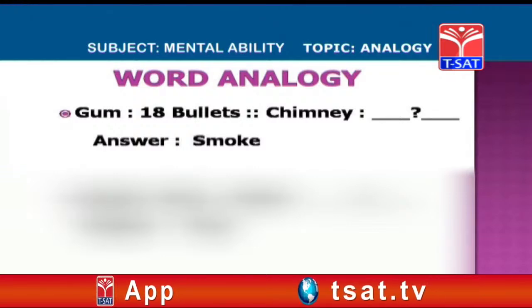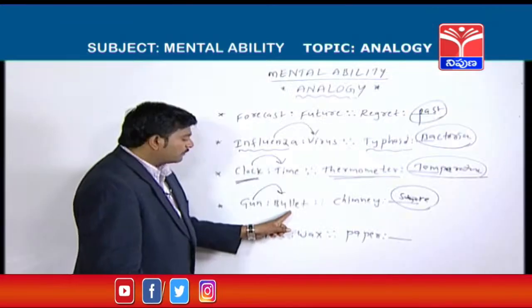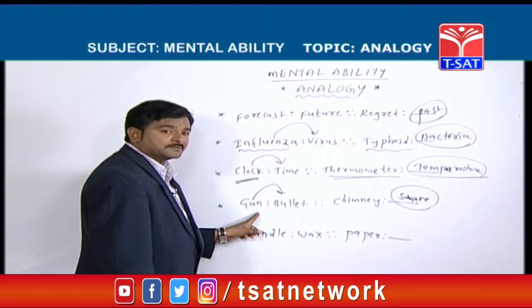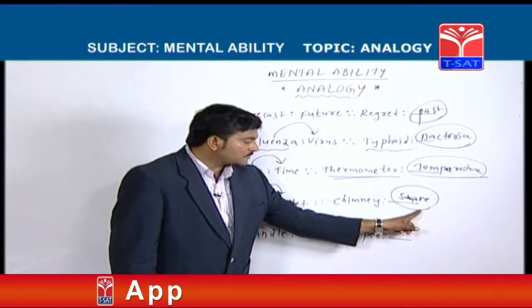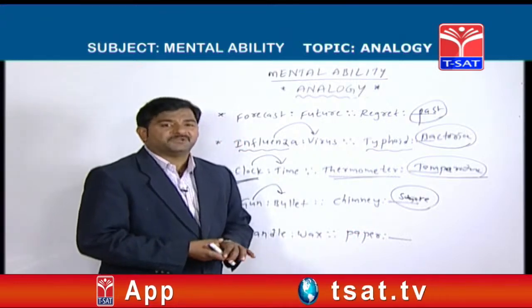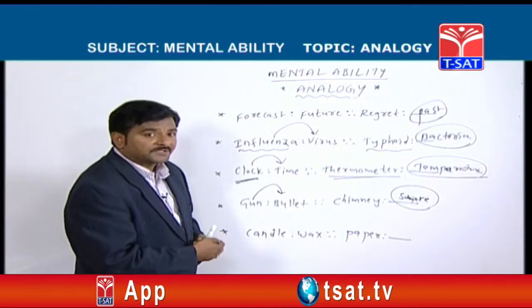Smoke will come out. ఆల్ పొగ కొట్టమంటాం, దాంట్లో వచ్చేయండి smoke, పొగ వస్తుందంటాం. The second one comes out from the first one. I repeat, bullet comes out from the gun. Similarly, smoke comes out from the chimney. That means the second one comes out from the first one.